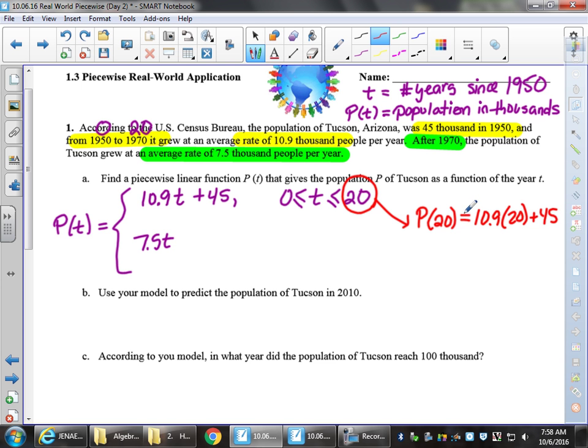Let's find that initial value for our next piece. Let me know what you get. We're getting 263?